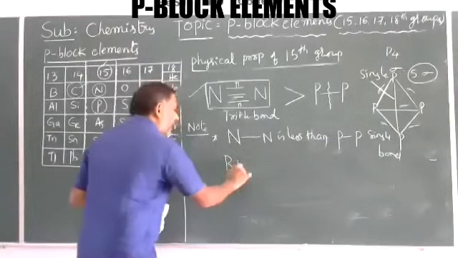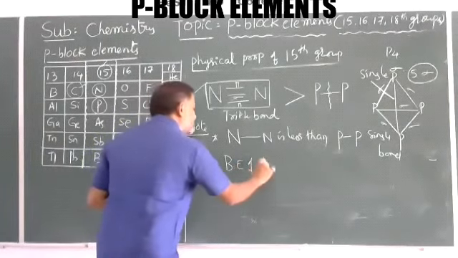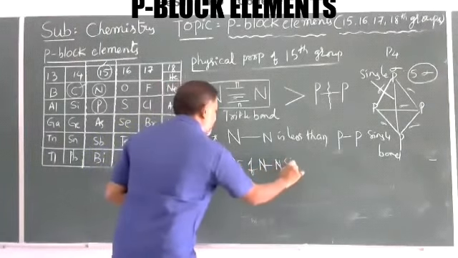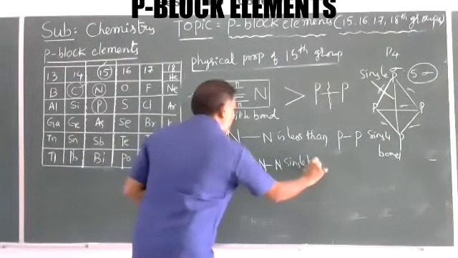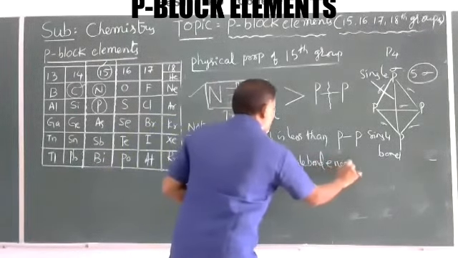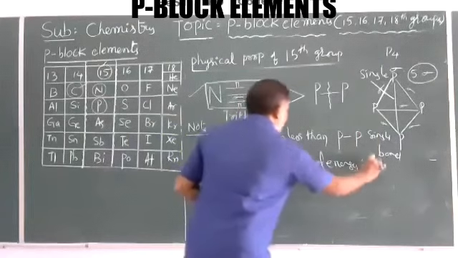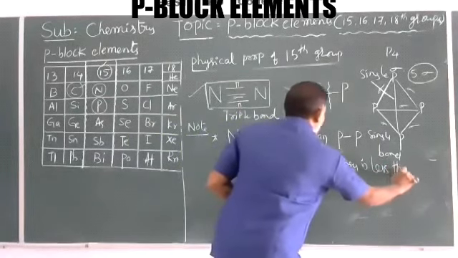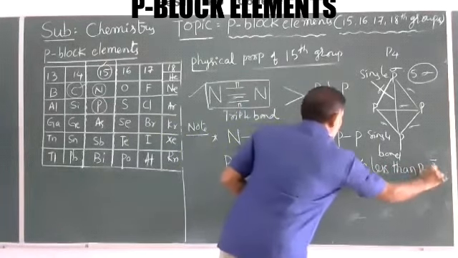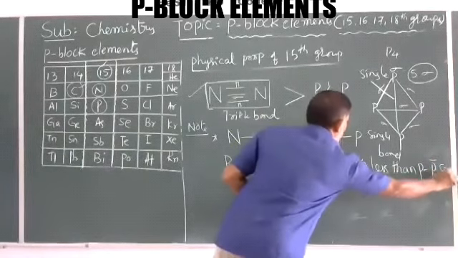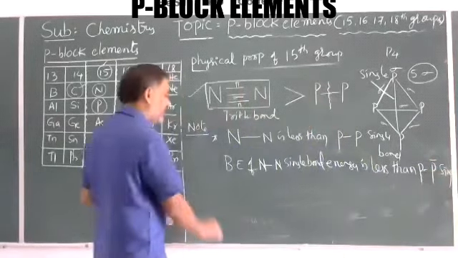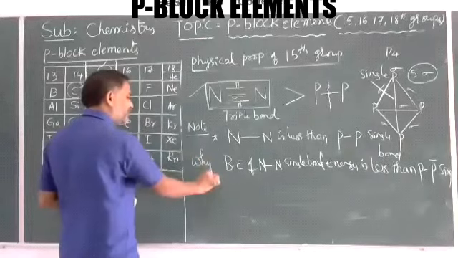So the bond energy of the nitrogen single bond is less than the phosphorus and phosphorus single bond energy. Why? Give reason. Very, very important 2 marks question.